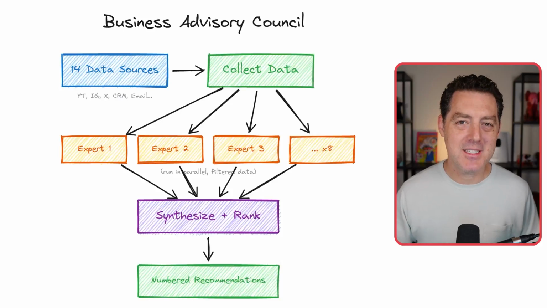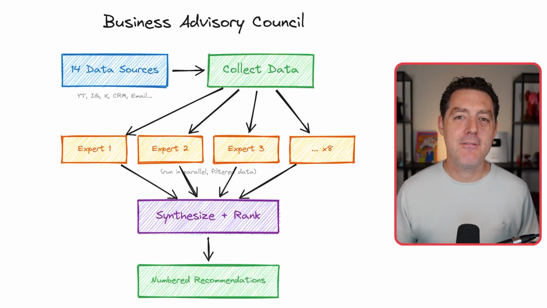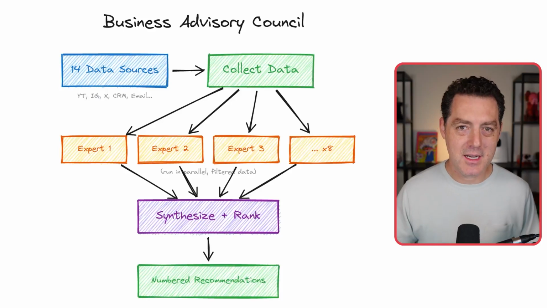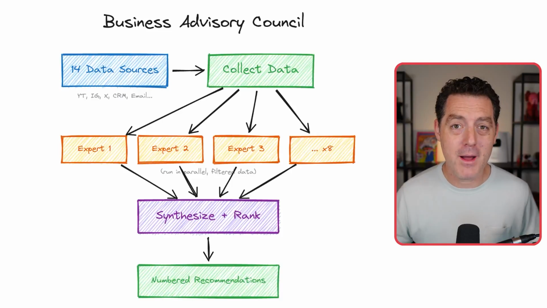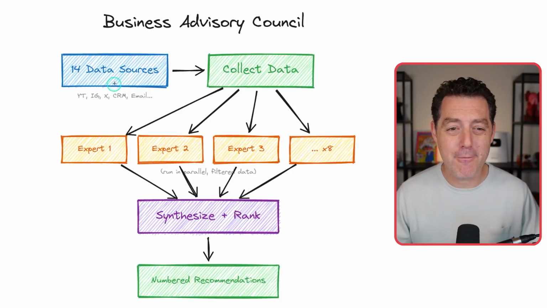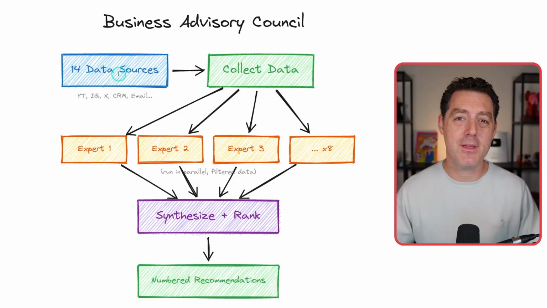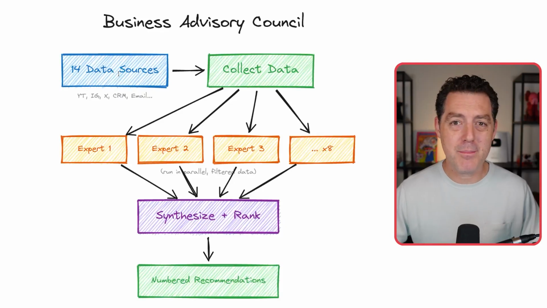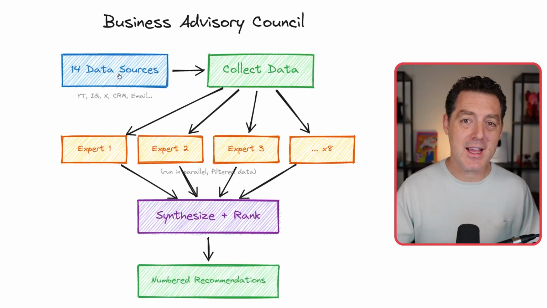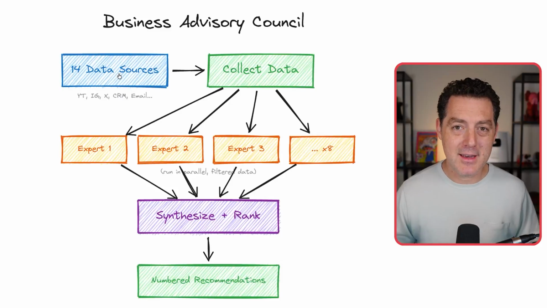All right, next, and you will really like this. I have a Business Advisory Council. Basically, I feed a team of expert agents that discuss, negotiate, argue with each other about different business recommendations it can give me based on all of my business data. So I have right now 14 different business sources, everything from the viewership and channel stats to X posts to emails, and basically everything that can give a clear picture of my business's health.